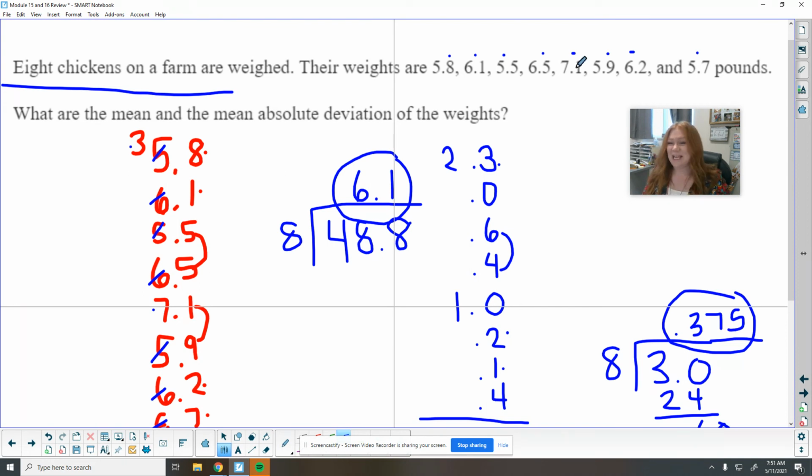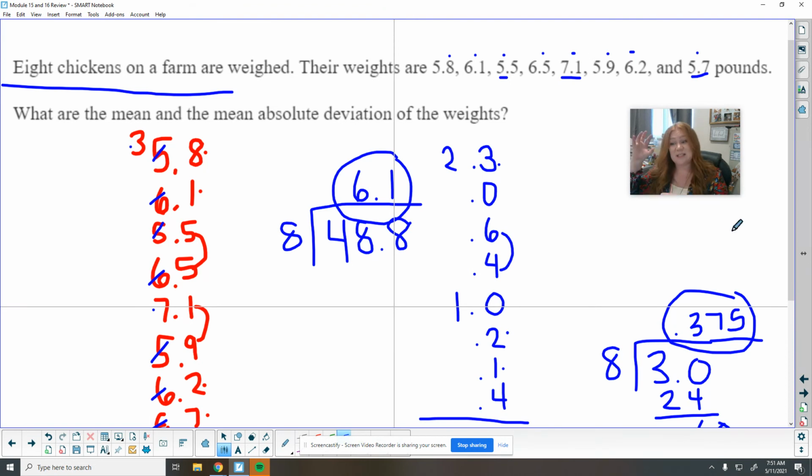So these 8 chickens are pretty consistent that they weigh about 6 pounds, right? There's like this one that's a little bit more and maybe one that's a little bit less. But overall, they're about 6 pounds because this is a really small number. It's less than 1. It's less than a half. So it's very close and consistent, right? All their chickens are getting the same amount of food and really thriving.